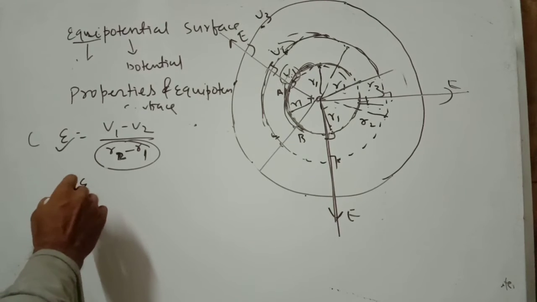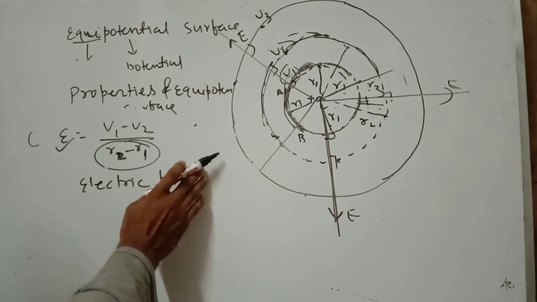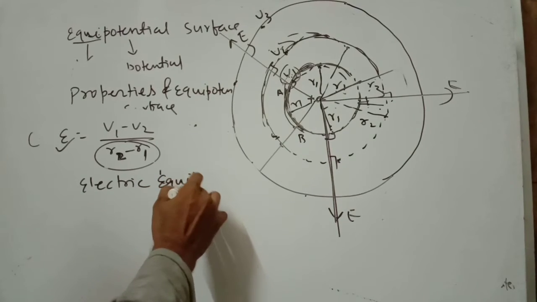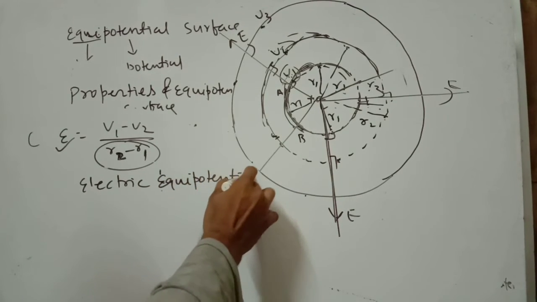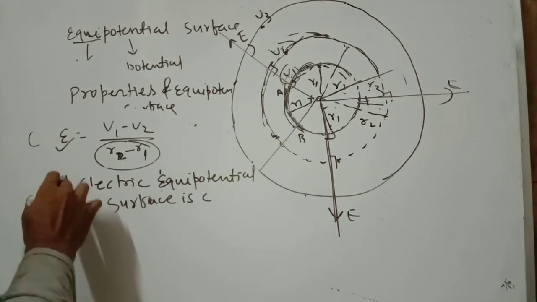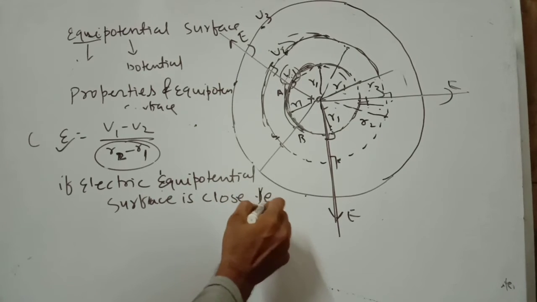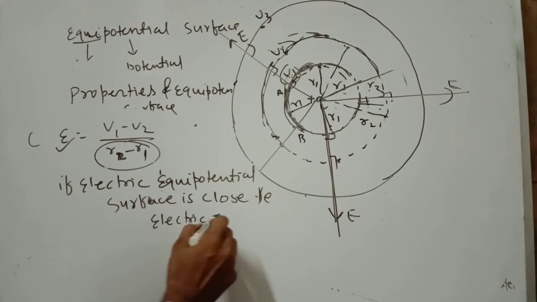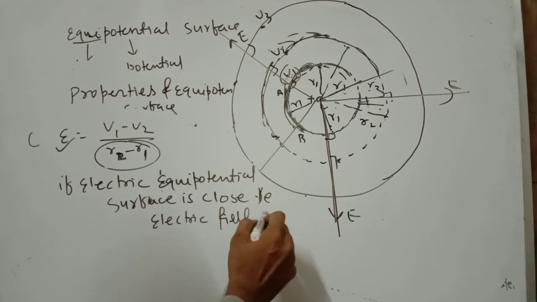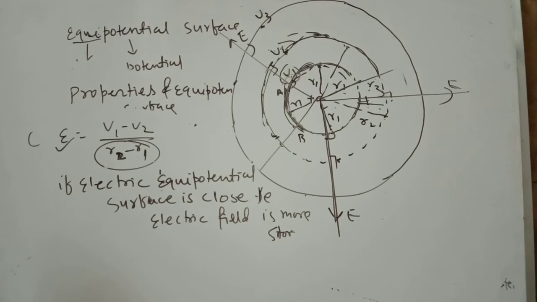So that means if the equipotential surface is closer, the electric field is stronger. If the equipotential surfaces are apart, that means the electric field is weaker.